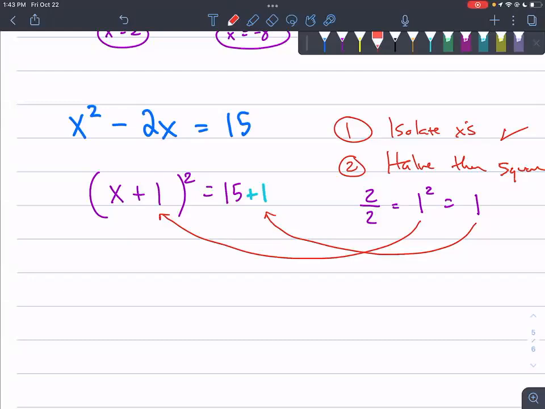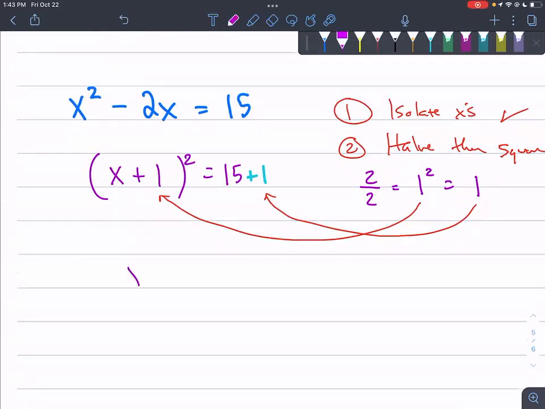Okay, so the half number, when you have it, goes inside the parentheses squared. And whatever number you square and get, that adds to the number on the right. Negative 2 divided by 2.